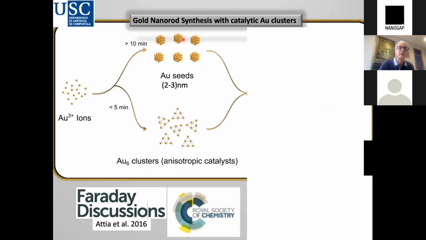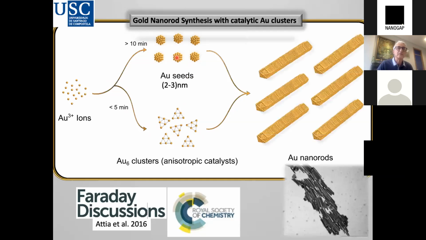Before 10 minutes, you don't have these seeds, you have clusters. Then if you add the reaction at a time below 5 minutes to these seeds, you obtain the same. So this is proof that in the system, before the formation of the seeds, you have these clusters.